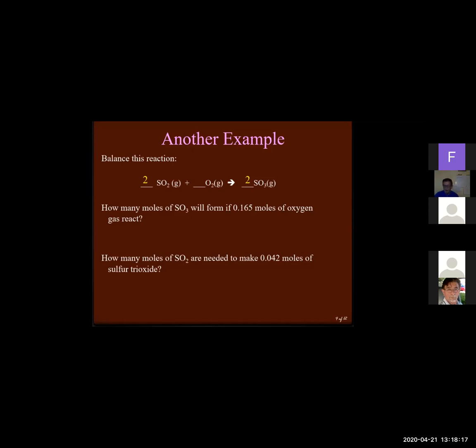So my oxygens at this point are balanced on both sides. And guess what? My sulfur also is balanced. So I got 2 sulfurs as a reactant, 2 sulfurs as a product, 6 oxygens as a reactant total, and 6 as a product, sulfur trioxide.